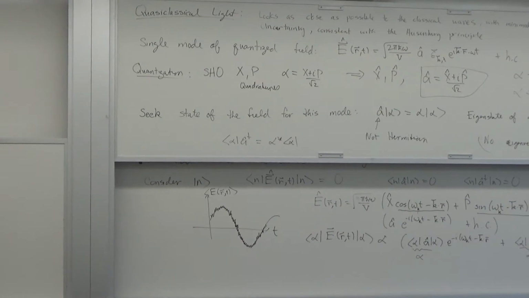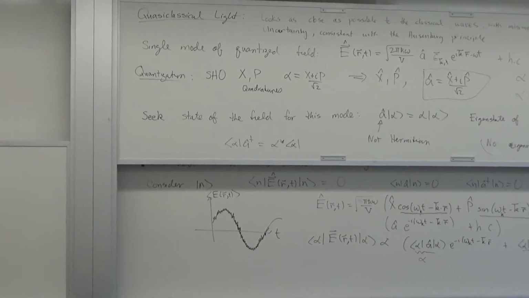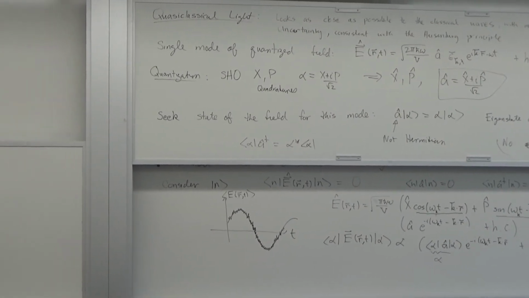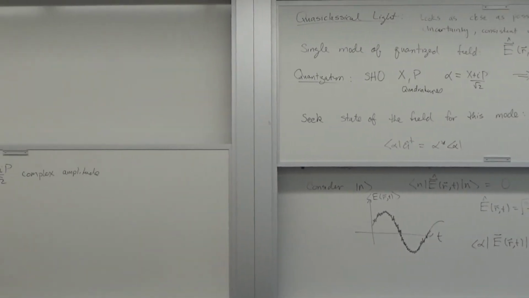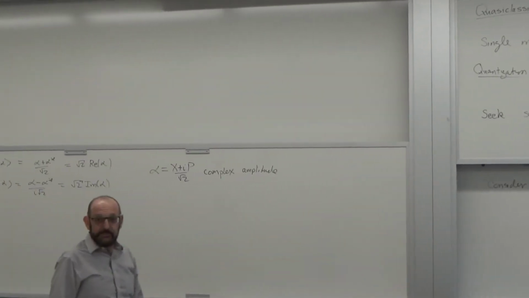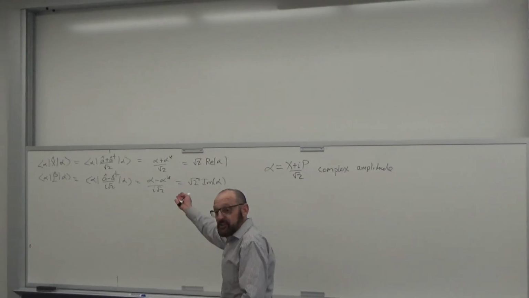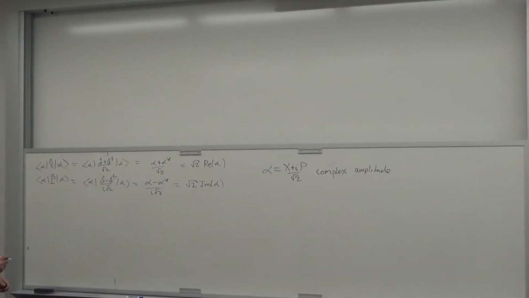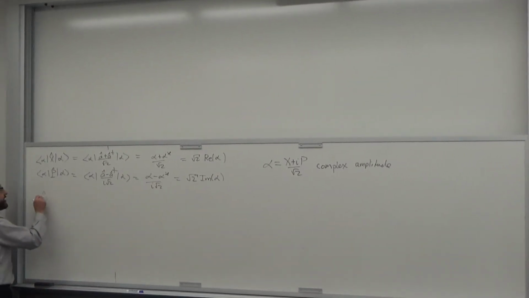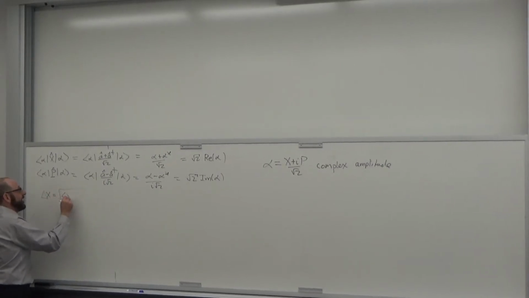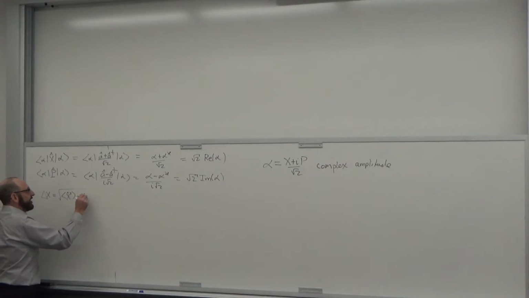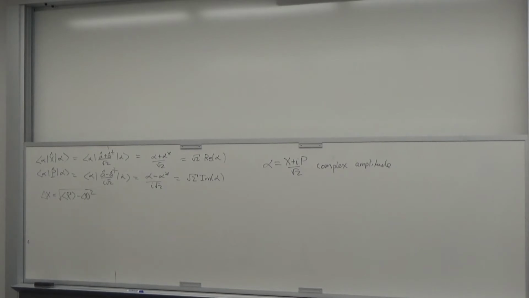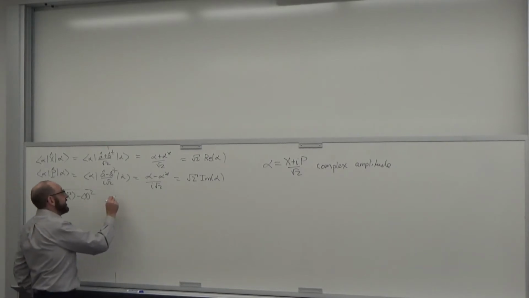So, I ask you then, what are the quantum fluctuations in x and p? How do I calculate them? Right, I look at just the variance, I look at the fluctuation. So what we're interested in is what are the fluctuations in x? That's the square root of the mean of x squared minus mean of x squared. So let's calculate that.